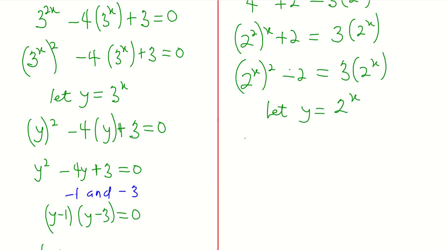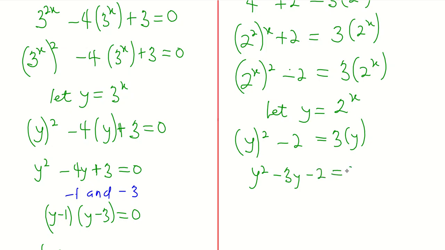So we're going to have y squared plus 2, which is equal to 3 multiplied by y. In simplified version, we have y squared minus 3y plus 2, which is equal to 0. And that's the original answer.